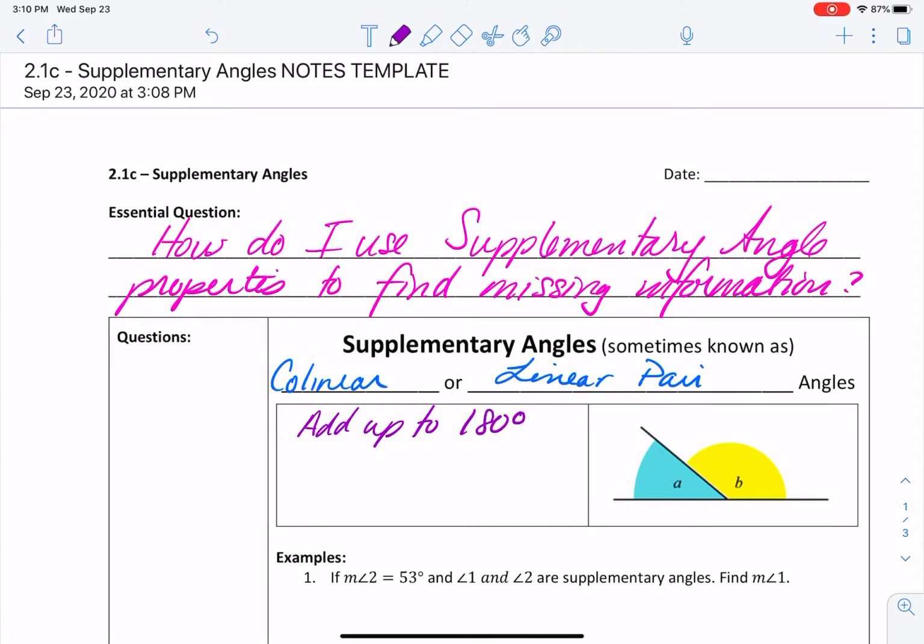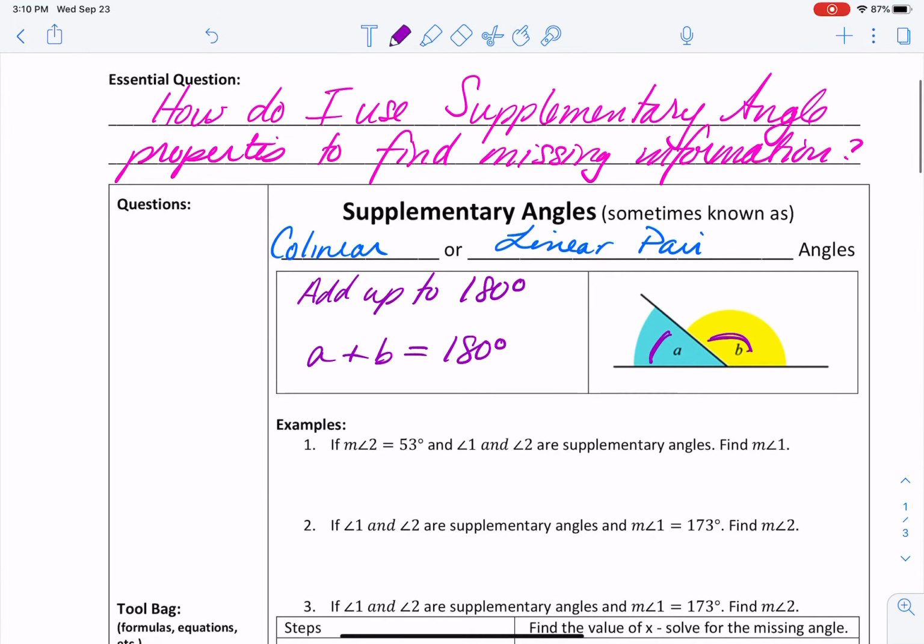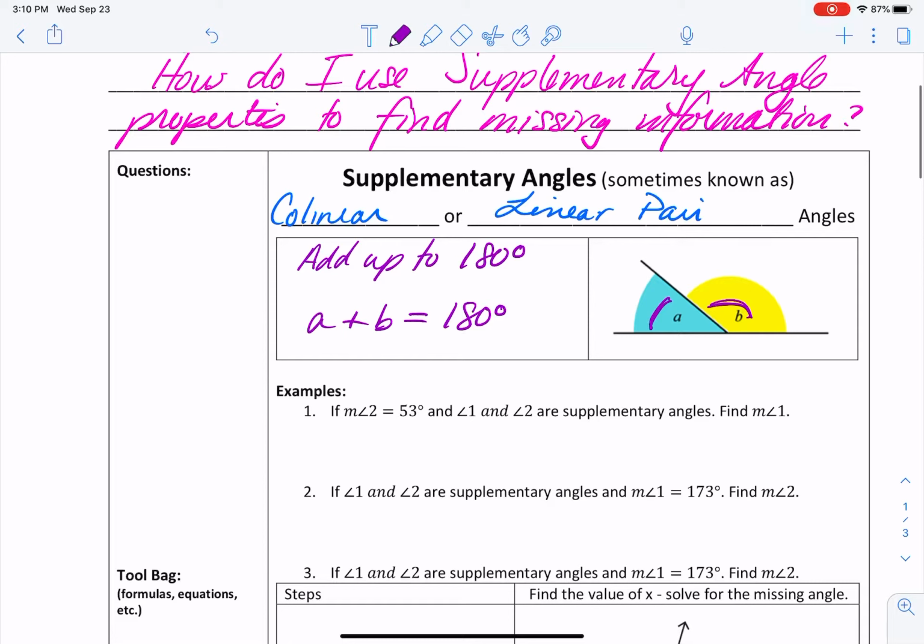So that means that when we're looking over at the picture, A plus B equals 180 degrees. They can be adjacent angles, like the ones in the picture, and they can also be angles that are not adjacent, but are still supplementary.